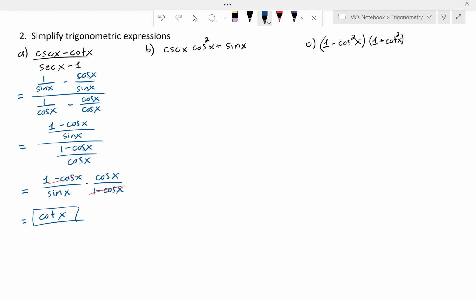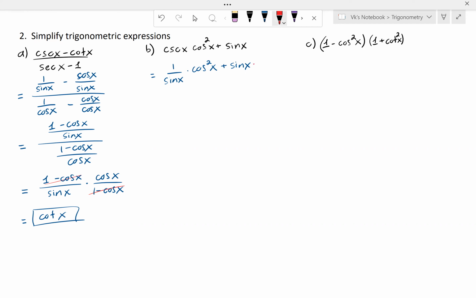In the second one, cosecant x times cosine squared x plus sine x. We can convert cosecant into 1 over sine, times cosine squared plus sine.